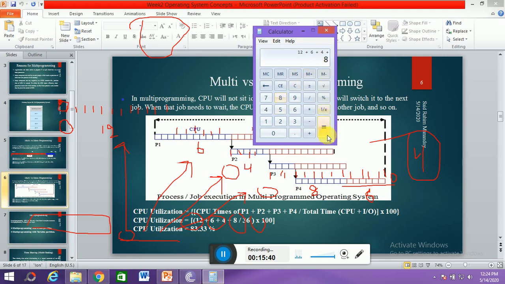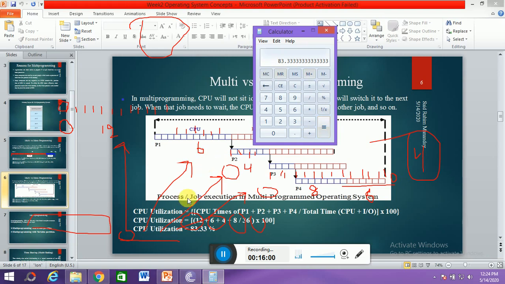You will get 30 divided by 36, because you need to sum up CPU time and IO time. So the total is 36. You will get 0.83 multiplied by 100.